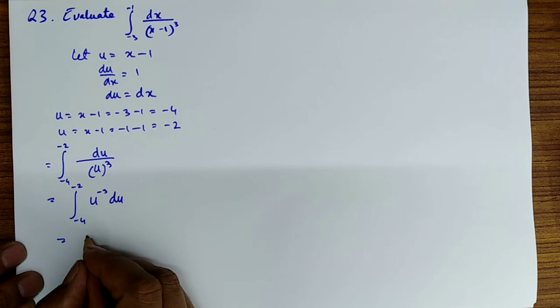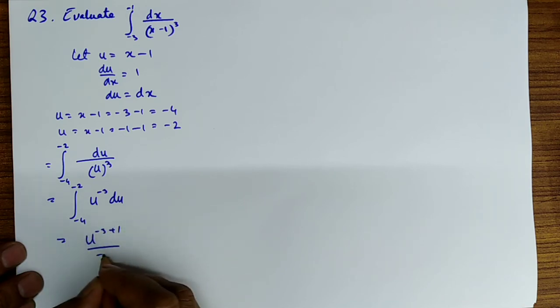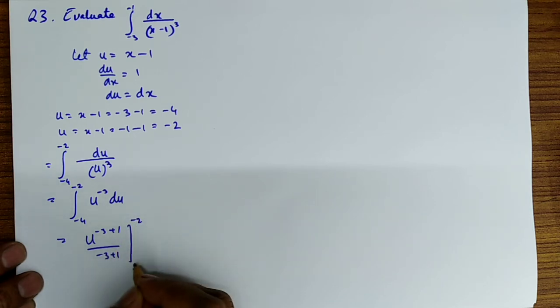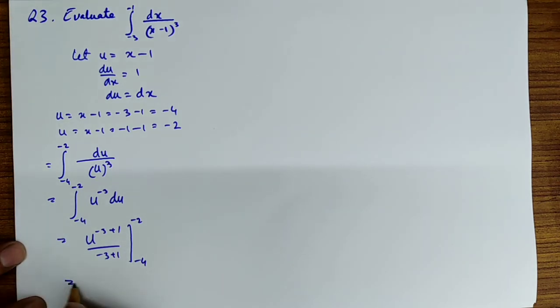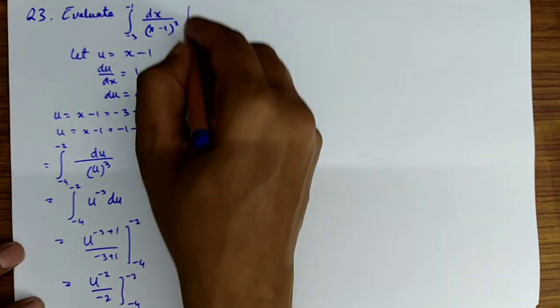Now take the integral, u power minus 3 plus 1 divided by minus 3 plus 1, minus 2 to minus 4, right? u power minus 2 upon minus 2, that is minus 2 upon minus 4.